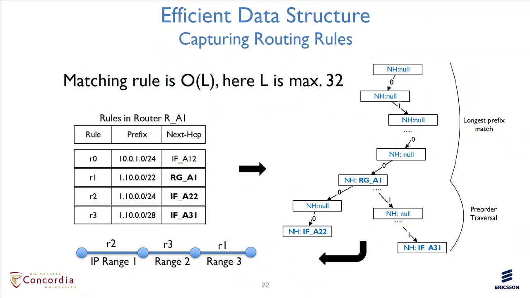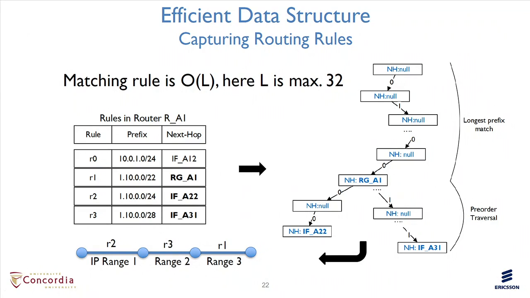So we further perform pre-order traversal, which checks the subtrie under that prefix match and tries to identify whether that destination IP prefix will match with multiple rules. If multiple rules match, then we split that destination IP prefix into multiple IP ranges.